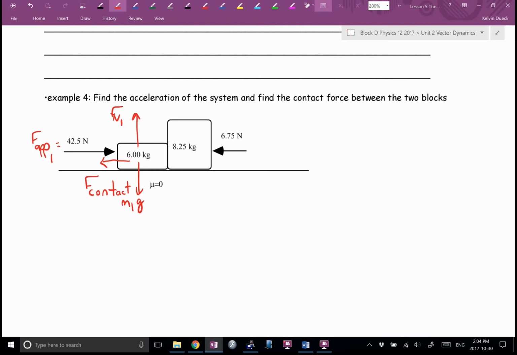What are the forces acting on the 8.25? Get the obvious one. Normal force number 2, F applied number 2, and we're going to have F contact.